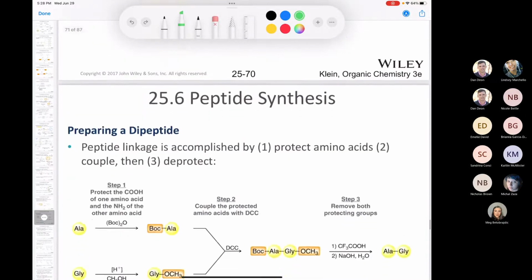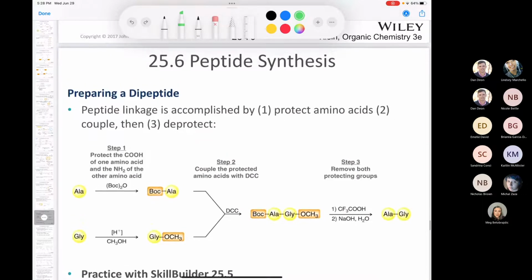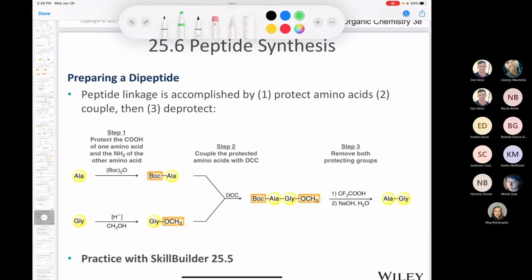Now, how do we put all this together? Let's say we wanted to make this peptide. Let's say we just wanted to link alanine and glycine together in that specific order. You want an alanine and you want a glycine attached to it.